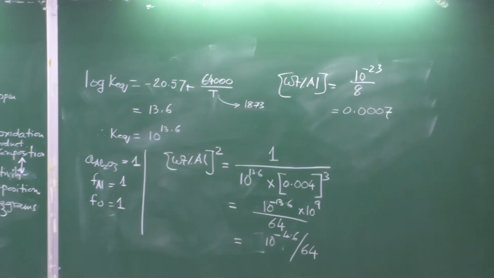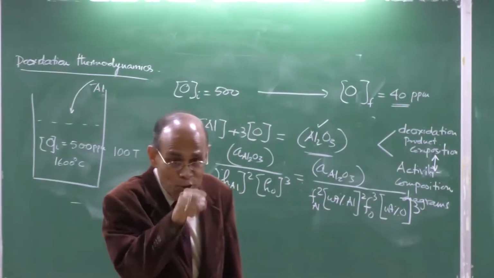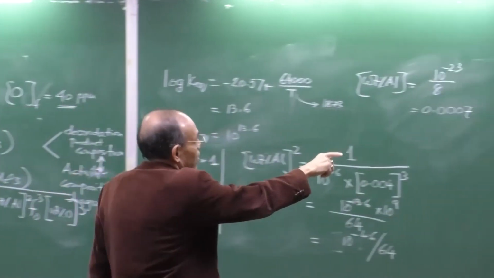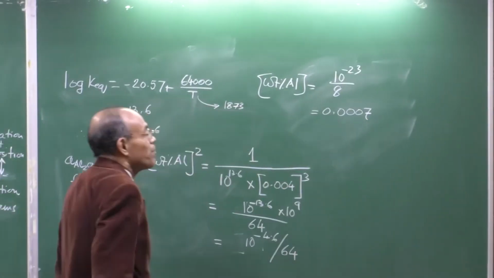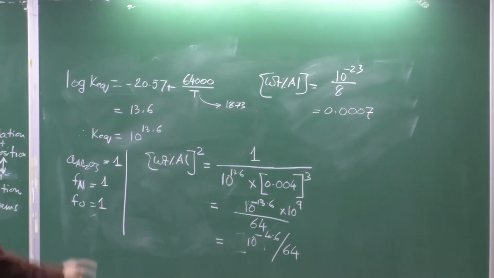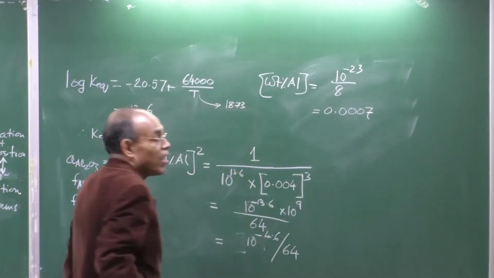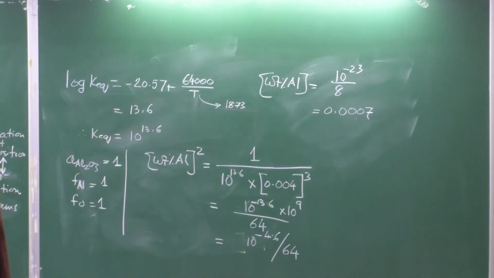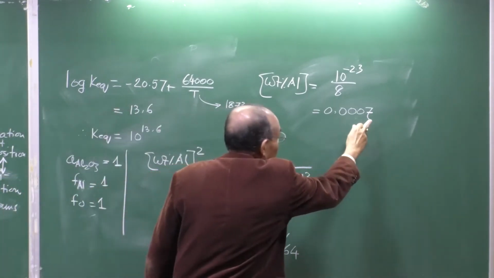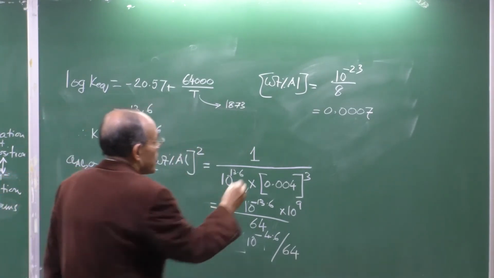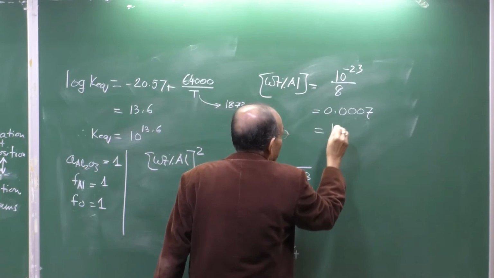You can see that the aluminum which has gone into the melt has displaced 40 ppm oxygen, at the expense of only 7 ppm aluminum. Had it been manganese deoxidation, this value would have been substantially larger. The smaller the value, the more powerful the deoxidizing agent. So, this is equal to 7 ppm.